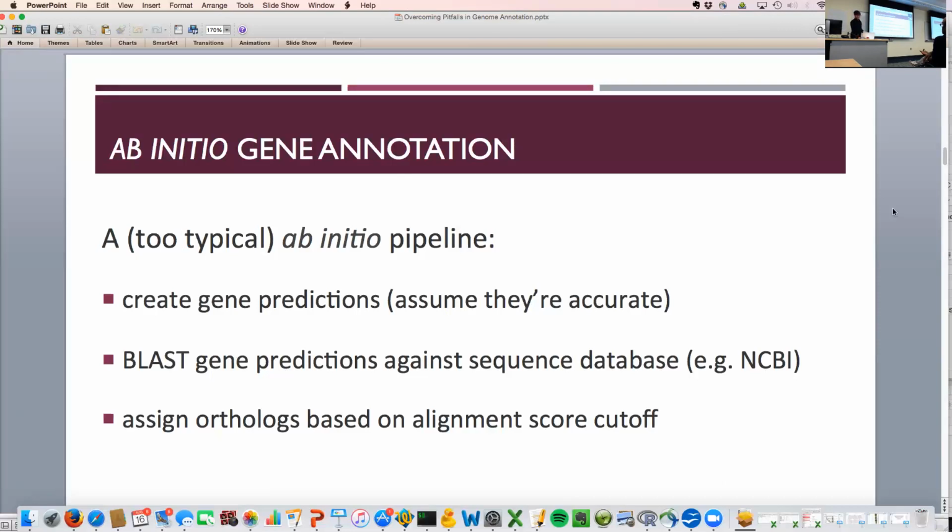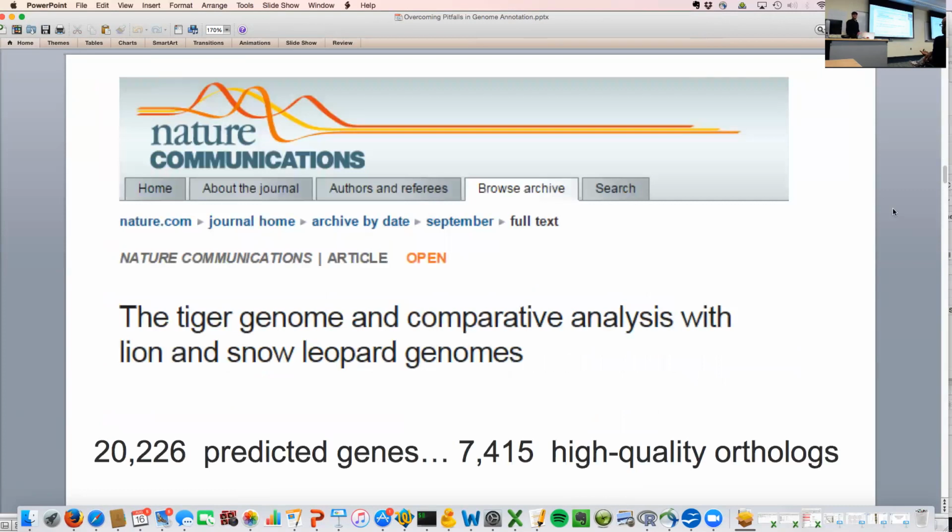And a lot of these get into great journals. But if you really get into the weeds of what they found, they predicted 20,000 genes, and only 7,000 of them could really be confidently assigned orthology.